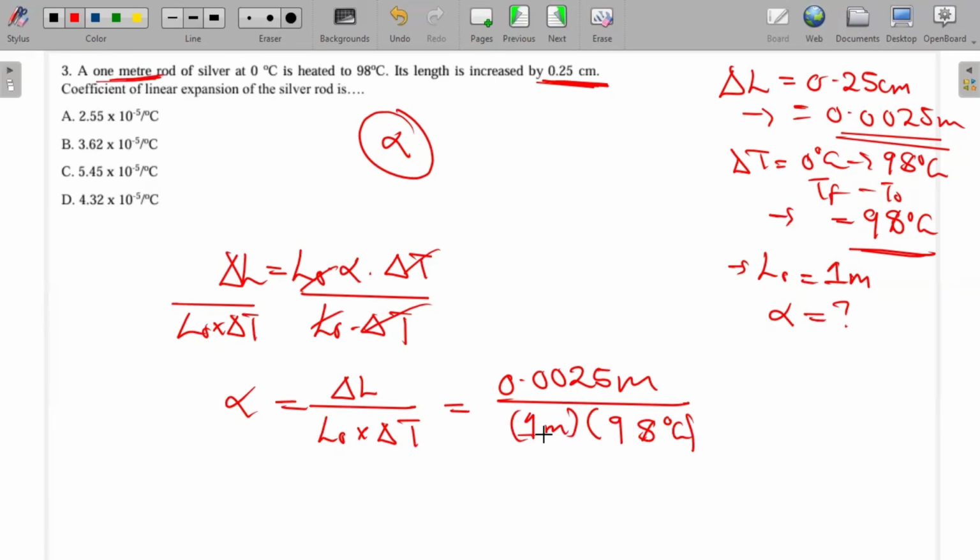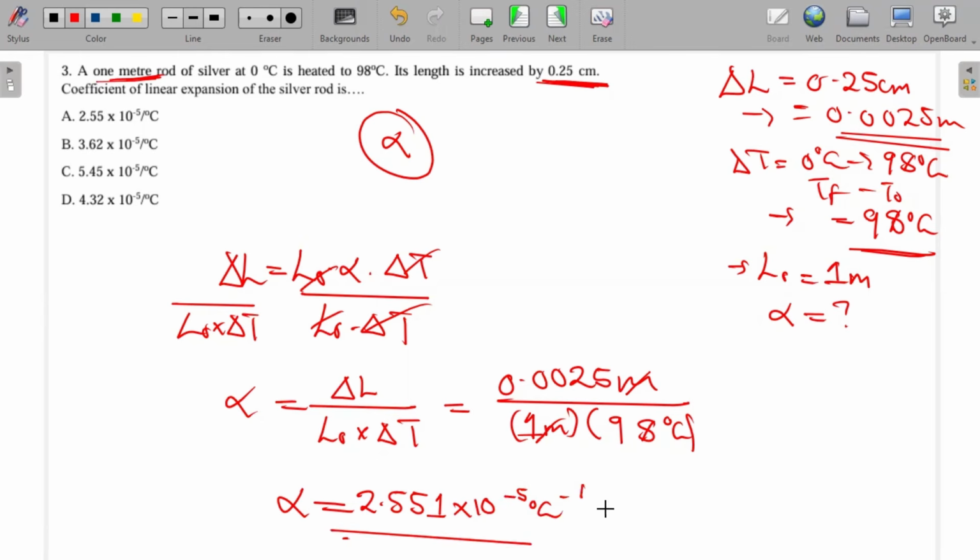So the meter and the meter will cancel out there. That means my alpha will be equal to 0.0025 divided by 98. And I'm getting an answer which is equal to 2.551 times 10 to the power minus 5 per degree Celsius.